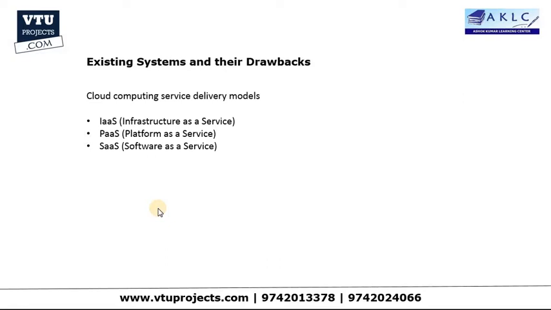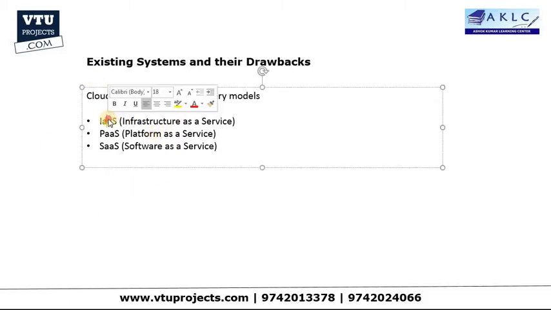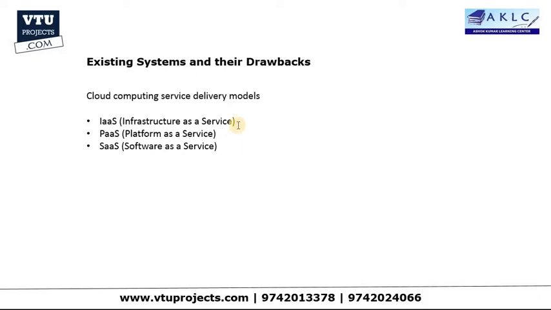You are not the owner of it. That machine is residing somewhere in a different location, and you are accessing it from your machine, your laptop. So we call it a cloud. Those kinds of services can be divided into three models: infrastructure as a service, platform as a service, and software as a service.